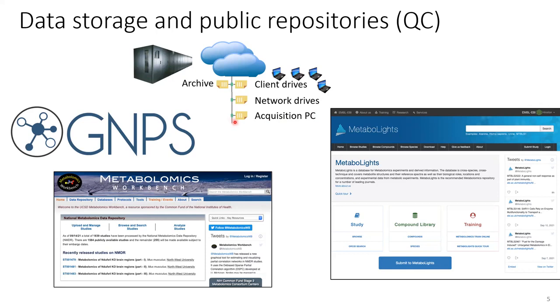So in our lab, we are using a network-based approach where all the data are being stored on one computer, and then afterwards we are copying it to network drives where there's a mirror of the data quite soon after, and then the client can access that data.